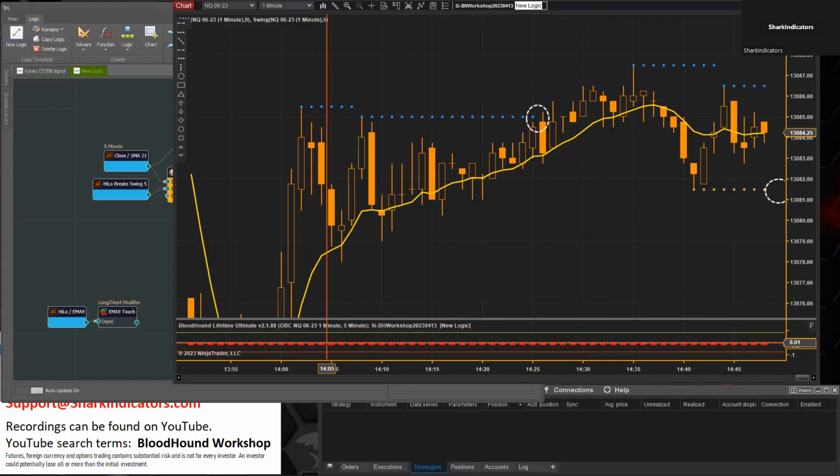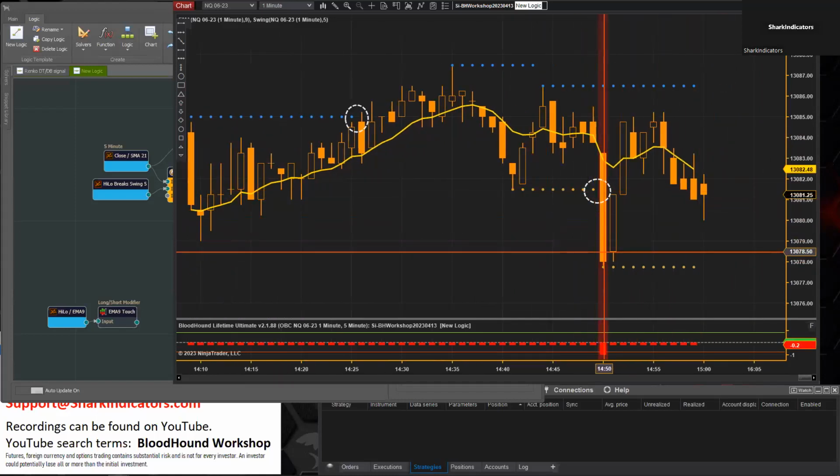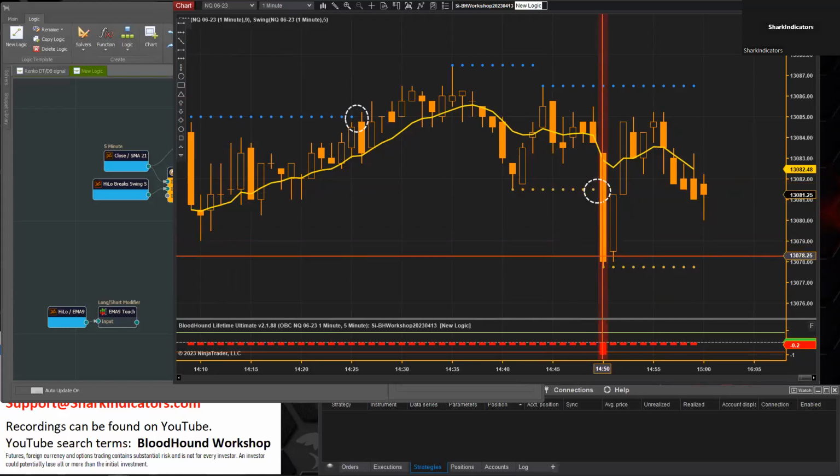So we can see that we're in a downtrend according to the 5-minute chart, right? So obviously breaking the swing highs, we don't care about. But there we go, breaking that swing low. Yeah, we are looking for those breaks of the swing low for a short signal.